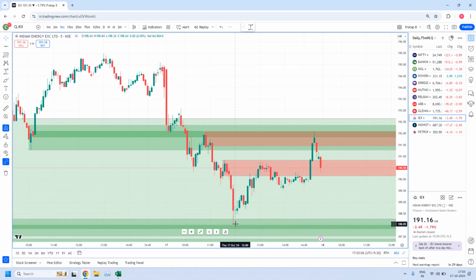Where exactly the fine-tuned zone is, whether it is reached or not, and whether it reached the target. If it is not reached, how much RR it has given. Is it at least 1:3 RR or 1:5 RR? A minimum at least we are considering 1:3 RR. It should reach. Then only I am considering our software as having given a successful trade.